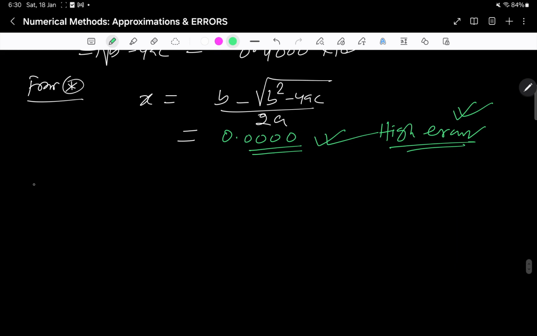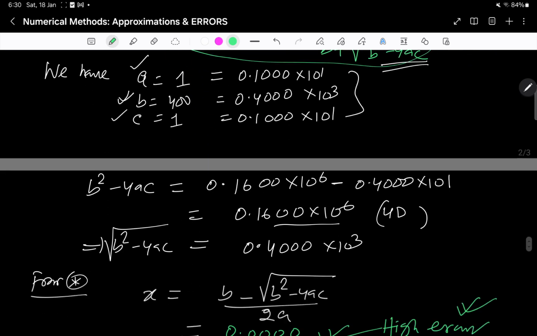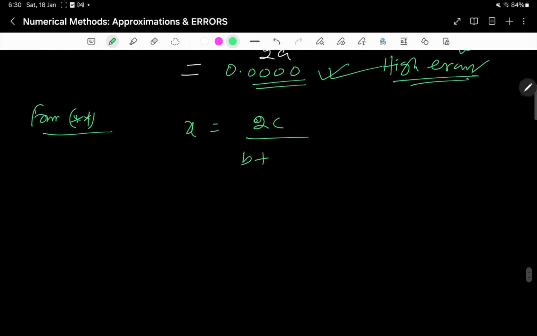So now in view of double star, x is equal to 2c by b plus root of b square minus 4ac.